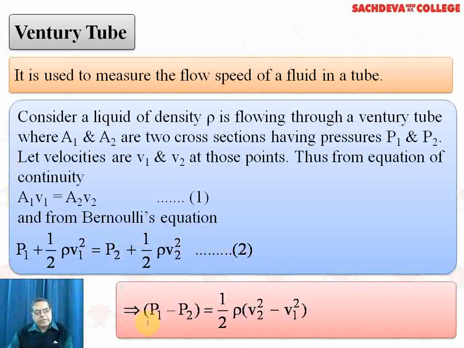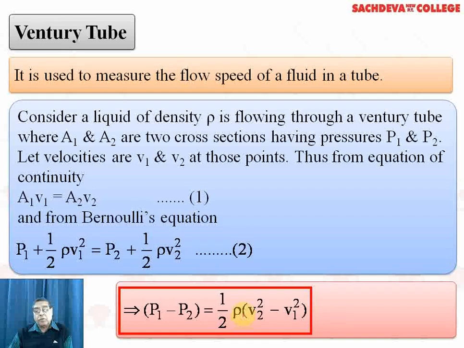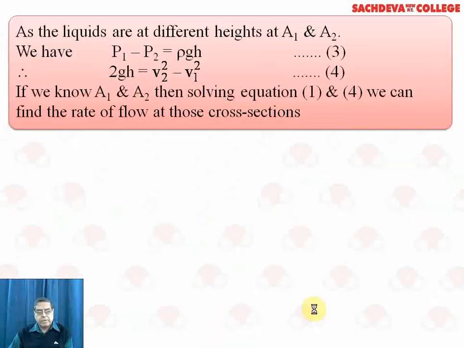From this equation we calculate the value of P1 − P2, which is found to be ½ρ(V2² − V1²). As the liquids are at different heights, for A1 and A2 we have P1 − P2 = ρgh, so 2gh will be V2² − V1².